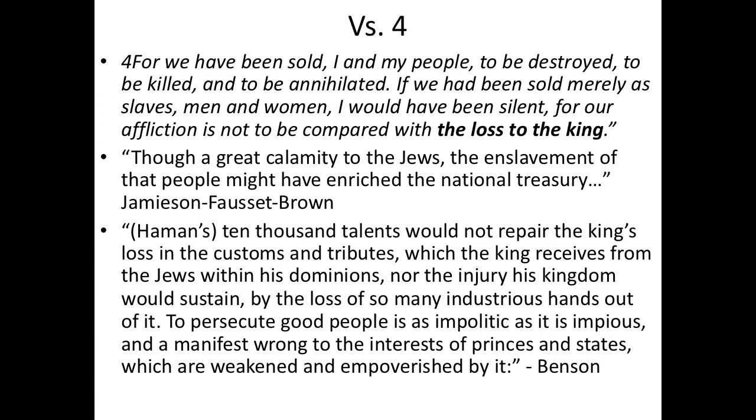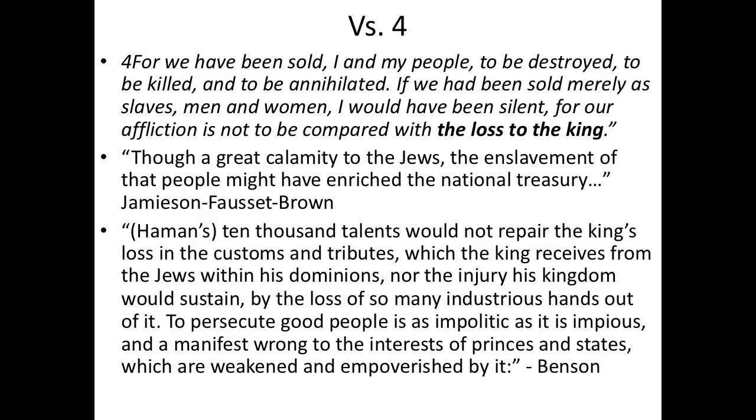In other words, these are people who are working too. So the gross national product is going to go down. To persecute good people is impolitic, in other words, it's bad politics, right?